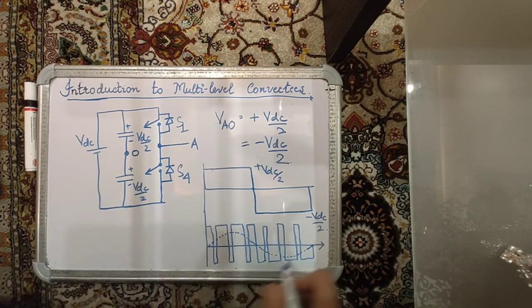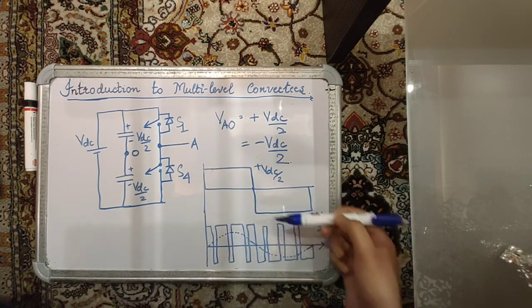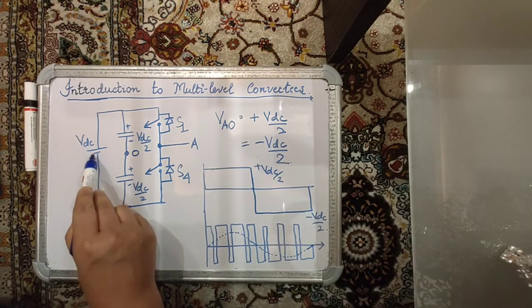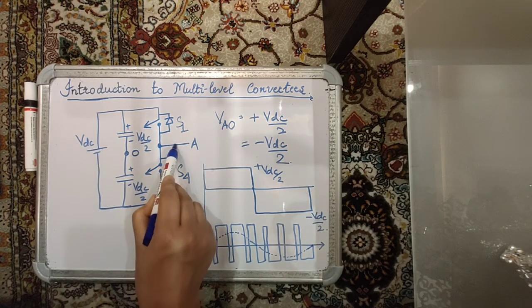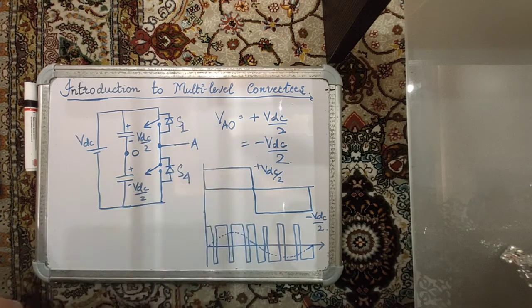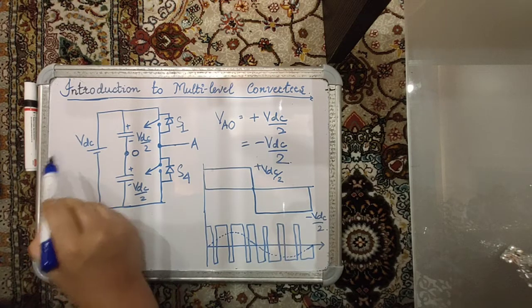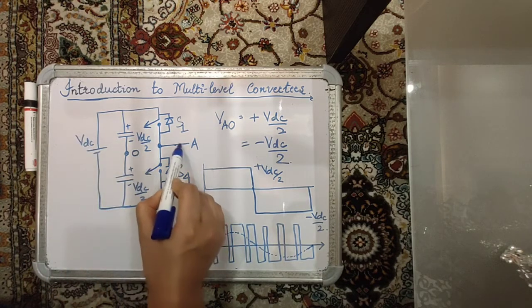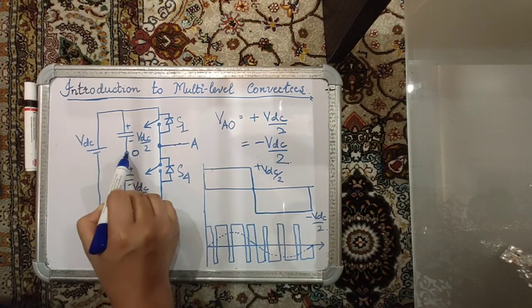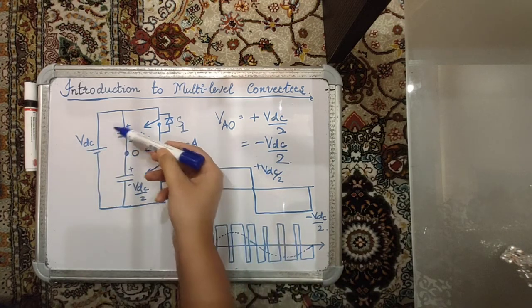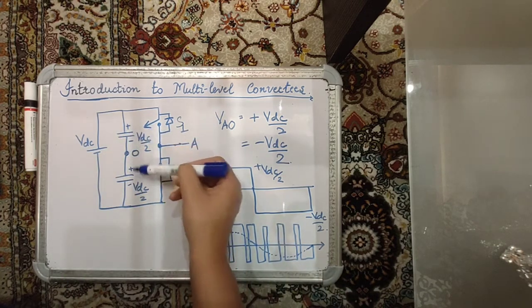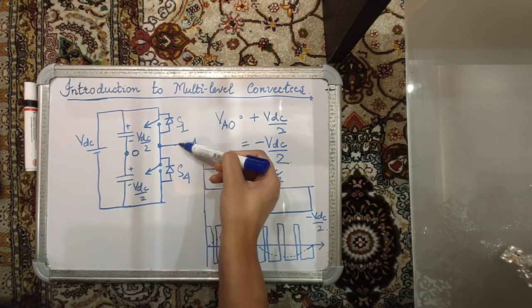So this is how we approximate by simply sampling the input DC voltage at the output in a sinusoidal manner, that is frequency modulation. If you talk in terms of communication systems, which you may have studied somewhere in your BTech, you're basically sampling this VDC at this point A with respect to the point O, and whether it's plus VDC by 2 or minus VDC by 2, that is being sampled at the output.